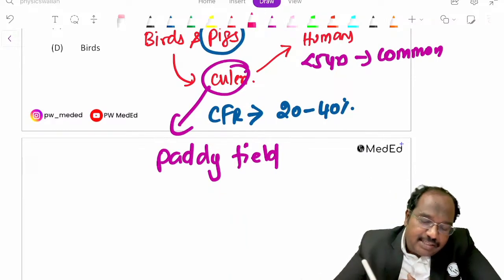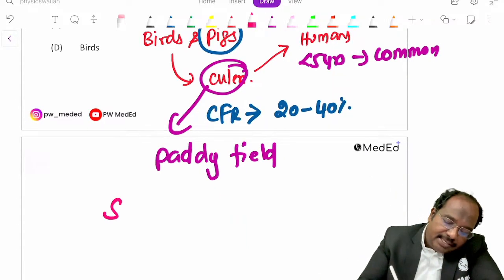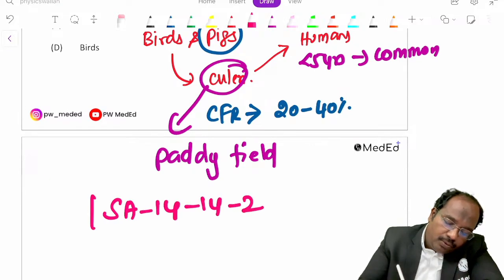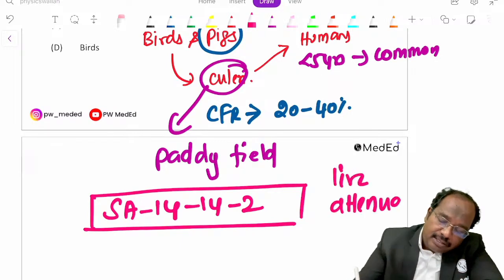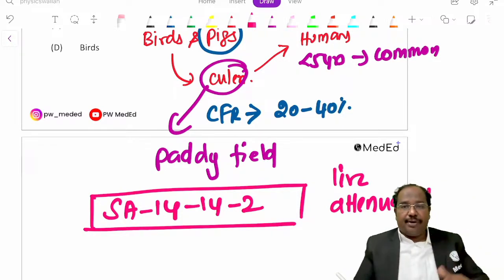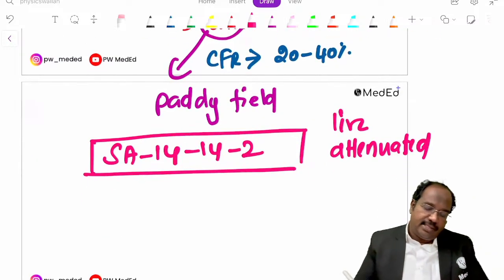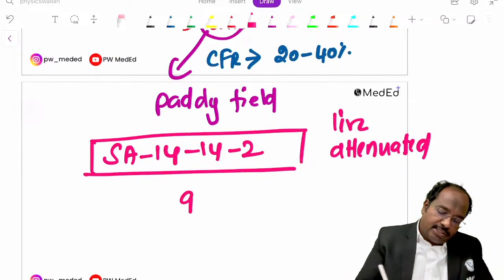In these areas we are providing a vaccine called SA-14-14-2. It's a live attenuated vaccine, guys, given only in these areas. Two doses: the first at 9 months, again at 16 to 24 months.